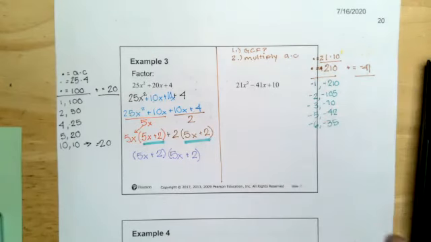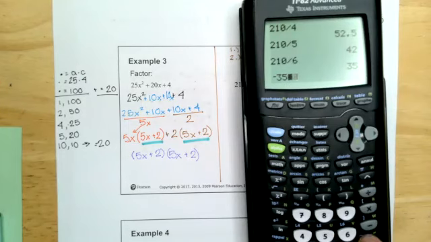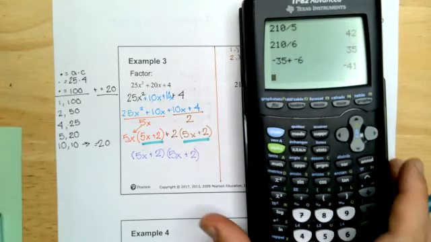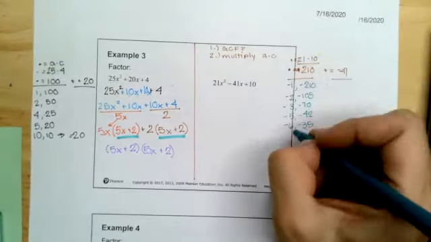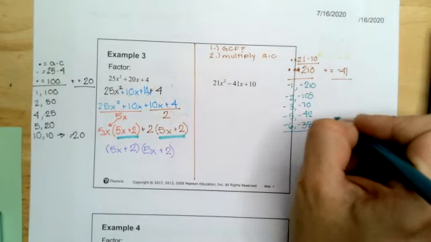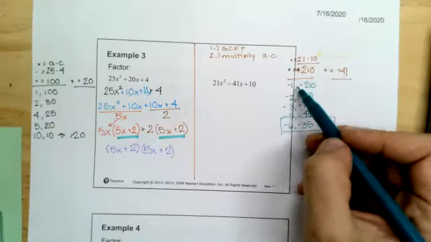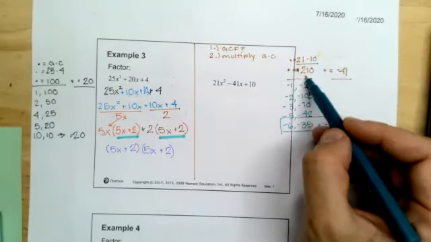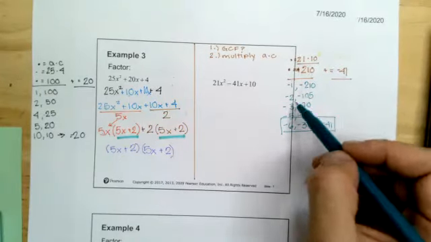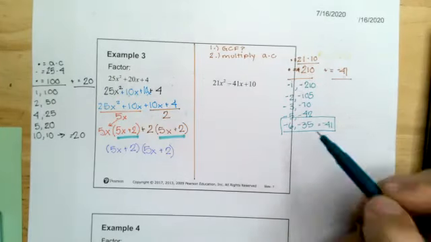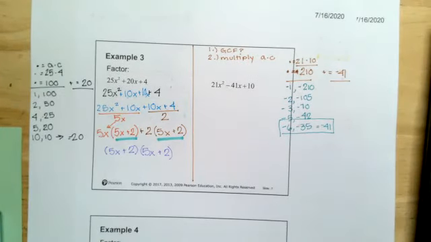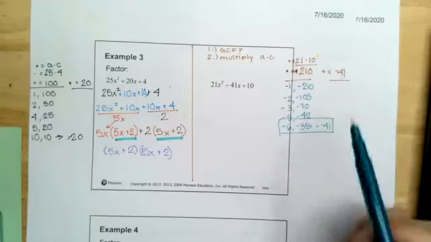If I add 35 and 6, what do I get? Negative 35 plus negative 6, negative 41. So I know it looks daunting when the numbers get really big, but this will work. Start with 1, divide your number by 1, divided by 2, divided by 3, divided by 4, divided by 5, divided by 6, okay? And then add as you go until you get to your B.